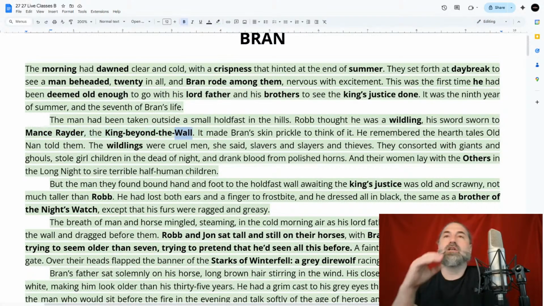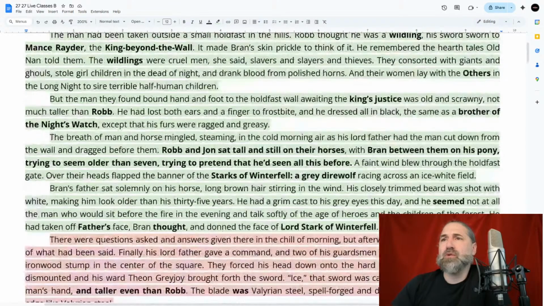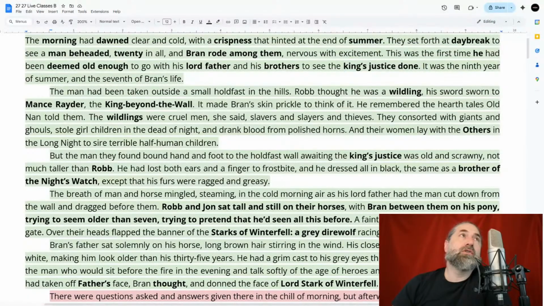So we are doing the job of plot point 1 as well. We are introducing the ordinary world and adding context to stuff that will come up later. King's Justice comes up more than once, I believe. So this ultimately sets up all that stuff.